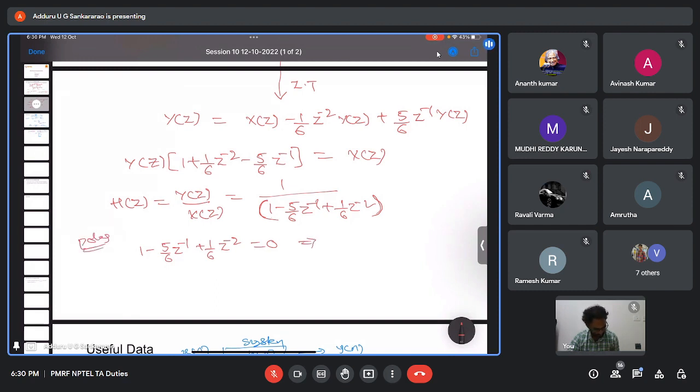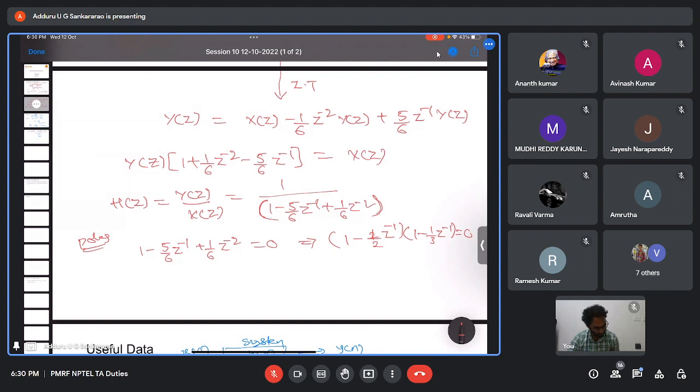So this you can split, I think, 1 minus 1 by 2 z inverse into 1 minus 1 by 3 z inverse equal to 0.